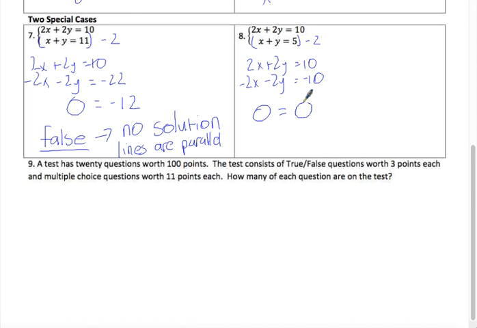Everything on the right side adds to 0. So 0 equals 0. This is similar to the last one because all of the variables on both sides were eliminated, but different because now the statement we reached is true. So this has infinite solutions.